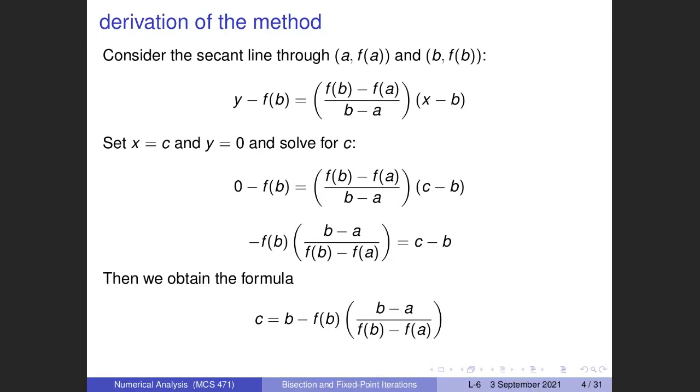The next approximation here, we will call it C. So we have A, B, and C. We compute the next approximation where the secant line meets the horizontal axis y equals 0. So we solve for C, and then we have an explicit formula for the method.